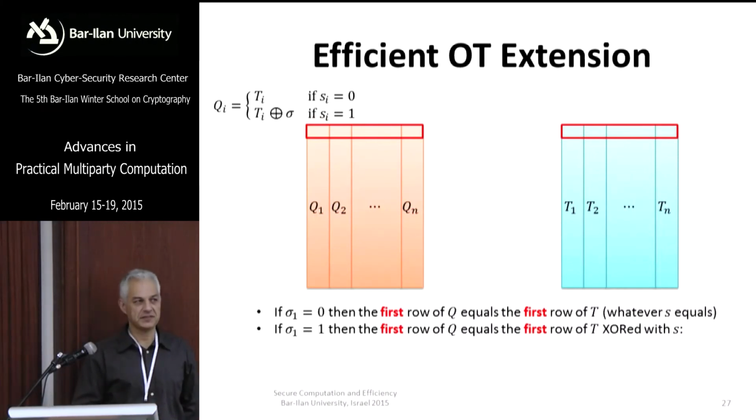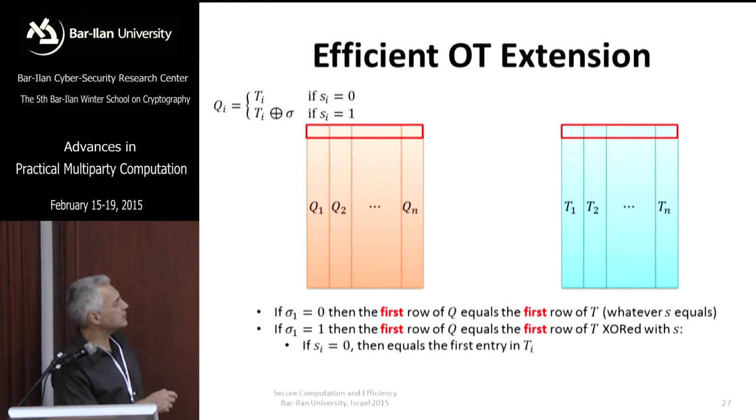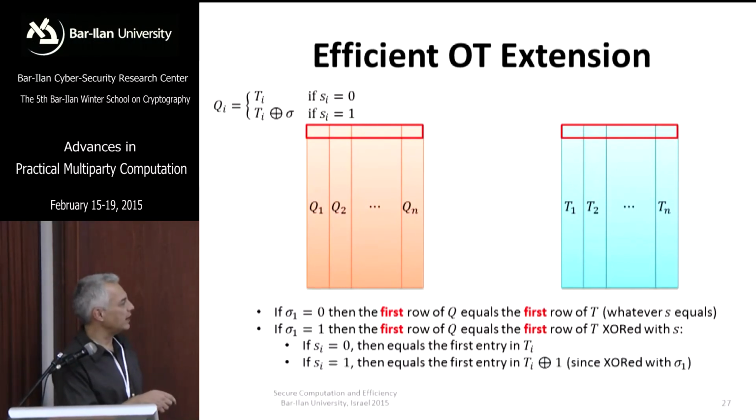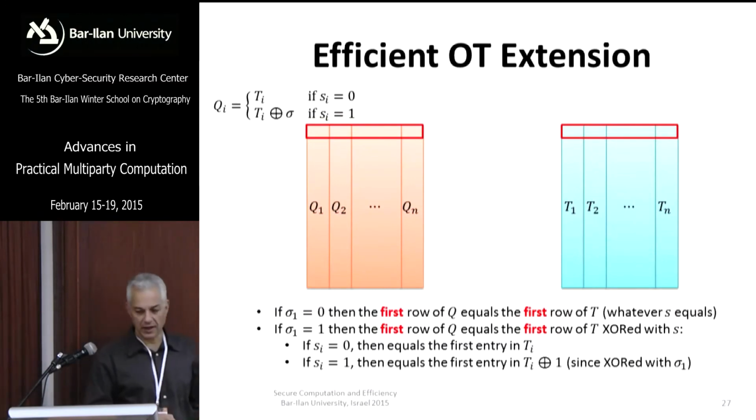Now what happens if sigma 1 is 1? In each column, if Si was 0, we get an equality: what we get here is exactly what we got before. We don't XOR it with anything. However, if Si was 1, what we get is Ti XOR sigma, which is Ti XOR 1.